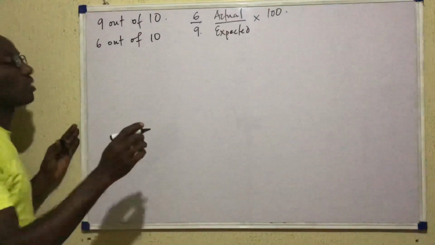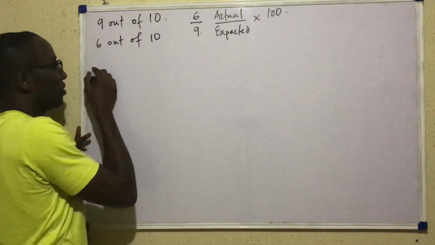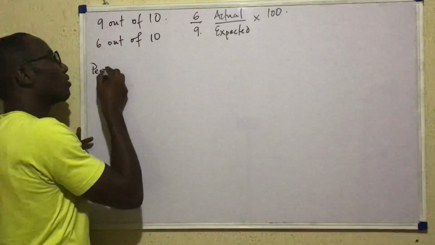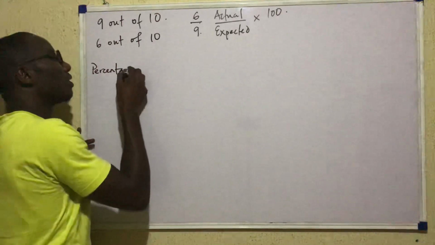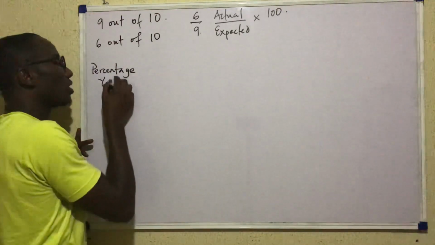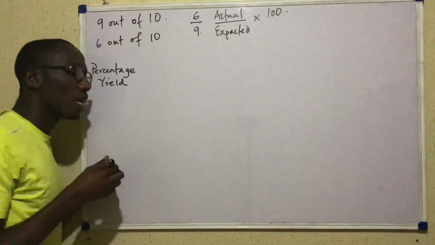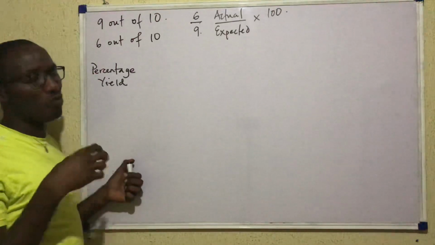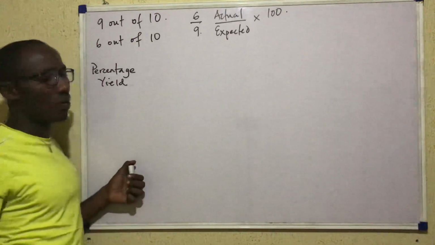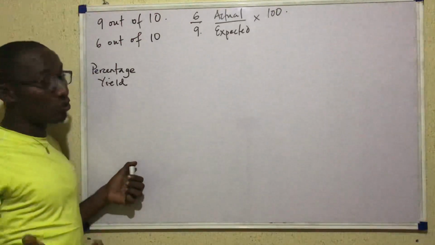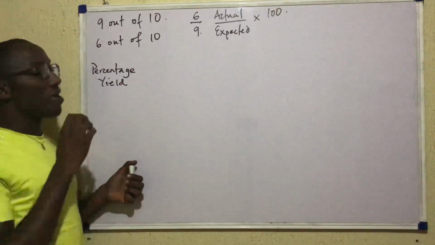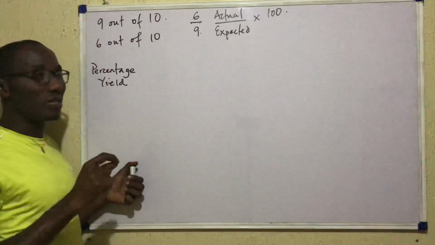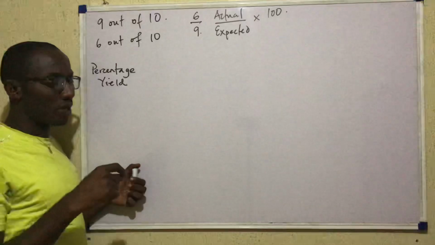So without wasting time, straight to percentage yield. Percentage yield tells us certain things about a reaction. More importantly, it tells us how well the actual yield of that reaction matches our expectations. And usually, reactions tend to yield less than we expect them to yield.